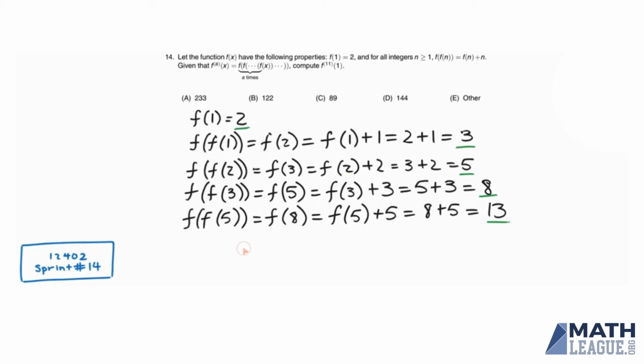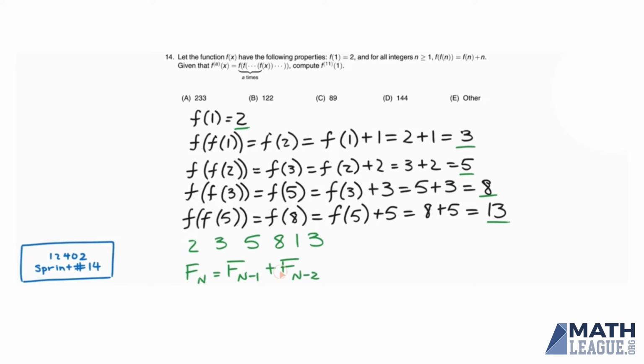Writing out each of these values, we have that f of n is equal to f of n minus 1 plus f of n minus 2. From this, we can compute the next powers of f of 1.